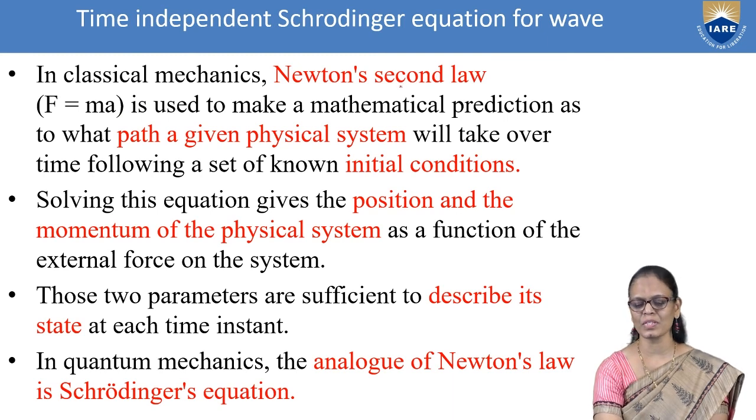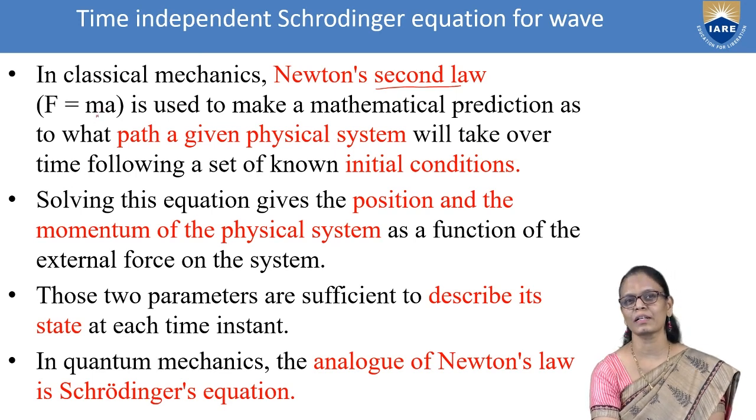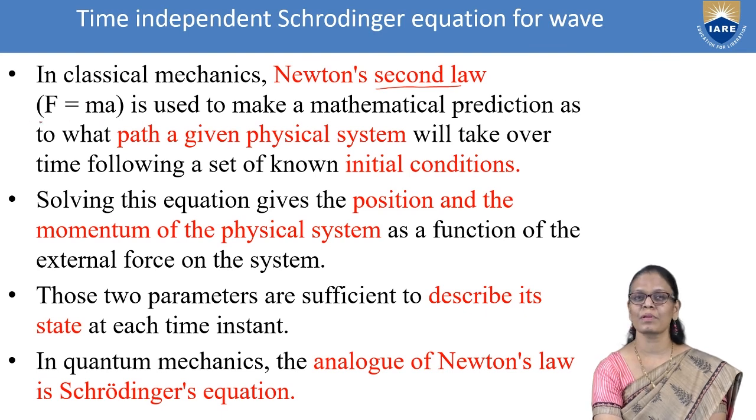We generally use the equation from Newton's second law, which gives us F is equal to ma. What is Newton's second law? It says the rate of change of momentum is always proportional to the force applied on the particle. So from that we get F is equal to ma.